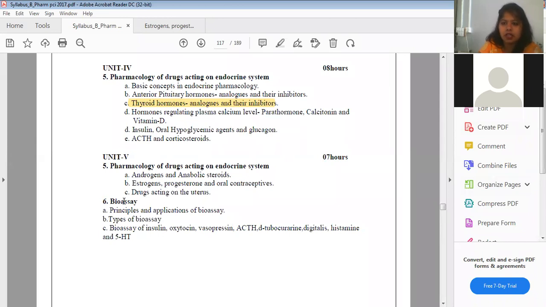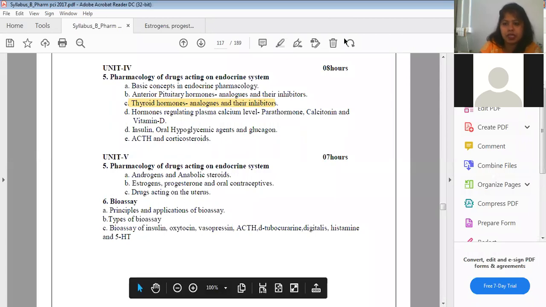If time permits, we will start with the principle and applications of the bioassay. So we will cover unit number 5. Before your sessional, the ISC second, we may cover this estrogen and this bioassay, I'm not sure, but if possible we will cover this. Then I will share the notes.